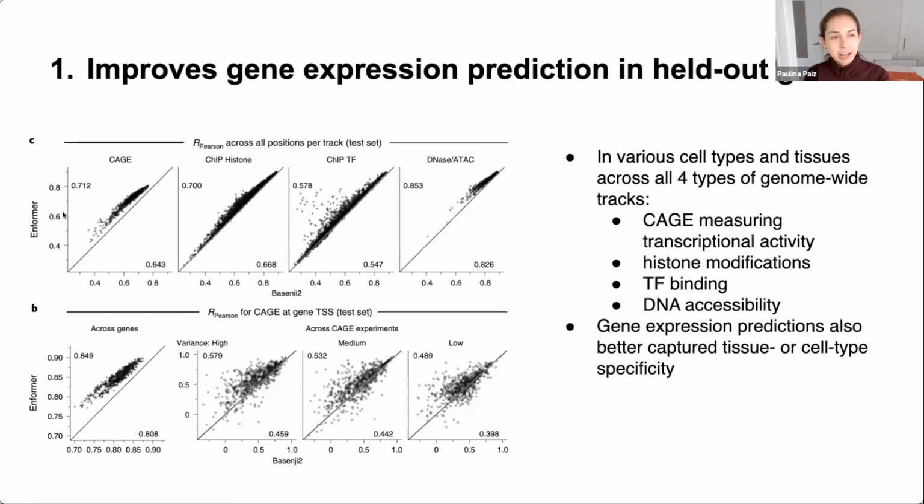So Enformer has more predictive accuracy, and gene expression predictions are also better captured for tissue or cell type specificity. So here they're doing across CAGE experiments and specifically focus here on variants, so the variants across genes.